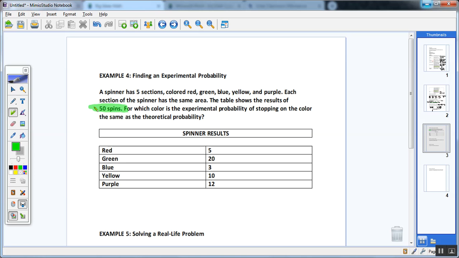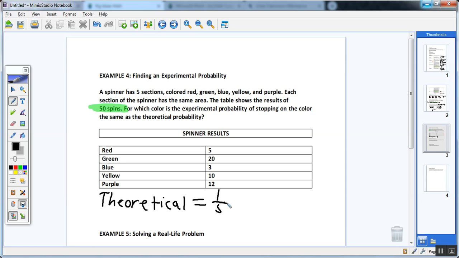Okay, it says for which color is the experimental probability of stopping on the color the same as the theoretical? Theoretically, we said, well, if there's 5 colors and we spin 50 times, each one should get 10. Which color followed the theoretical rules? Yellow. Okay, all right. Theoretically, there should be a 1 in 5 chance of stopping on any color, right?